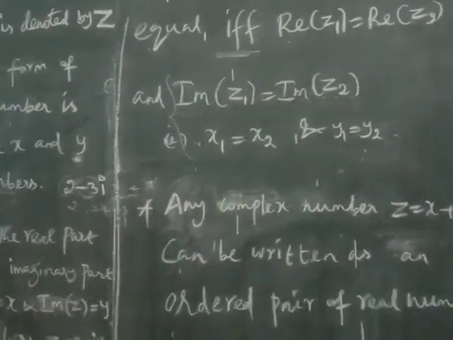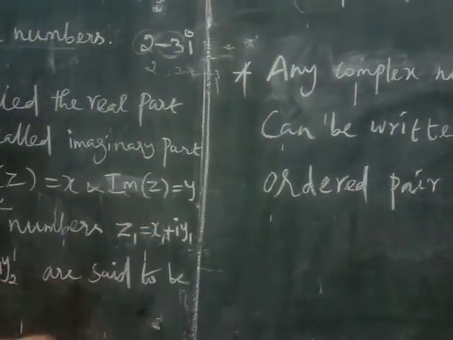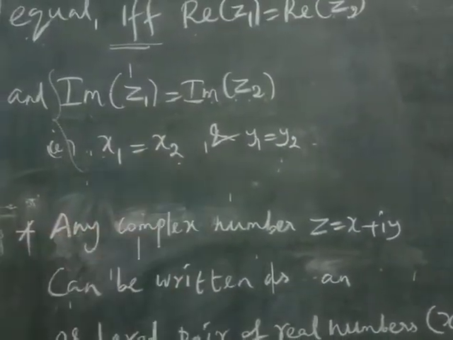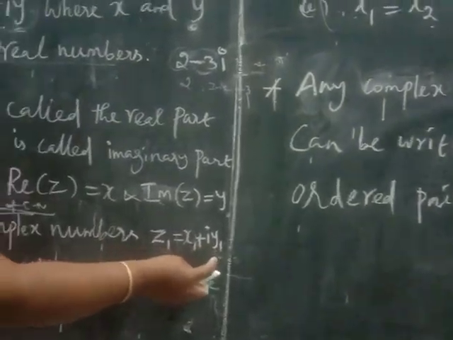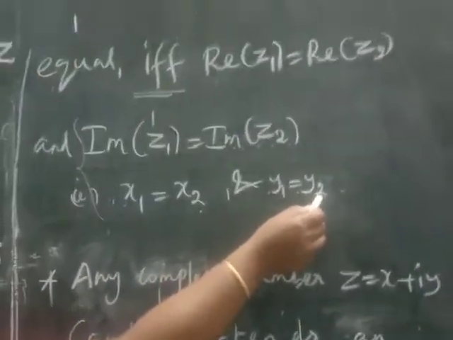The real part of the first complex number is x1, and the real part of the second complex number is x2. That is, x1 equals x2. The imaginary part of the first complex number is y1 and of the second is y2. So y1 equals y2.